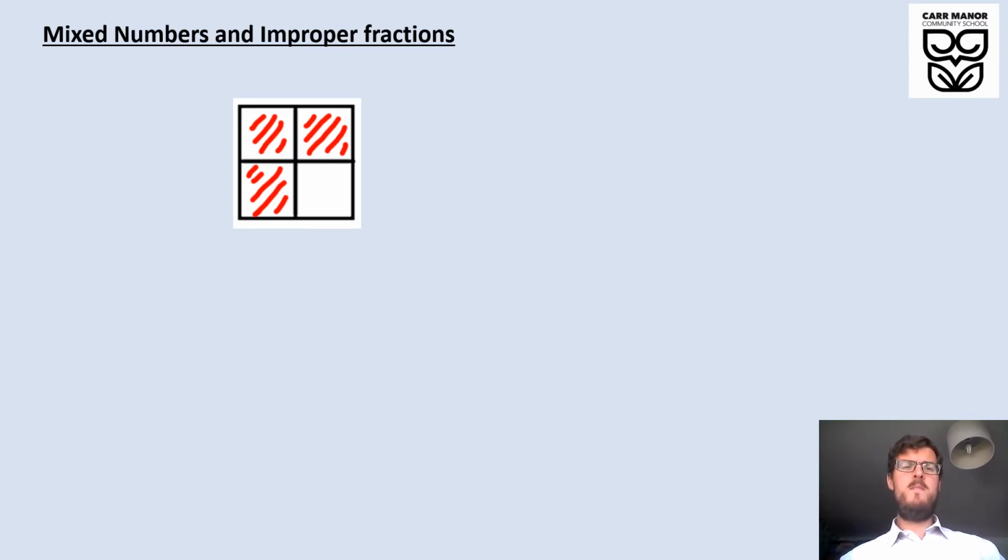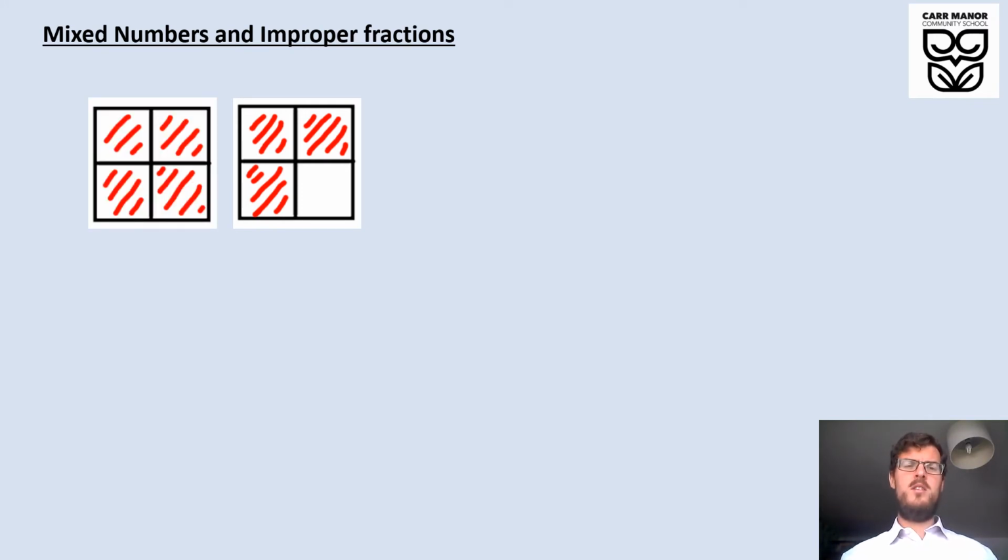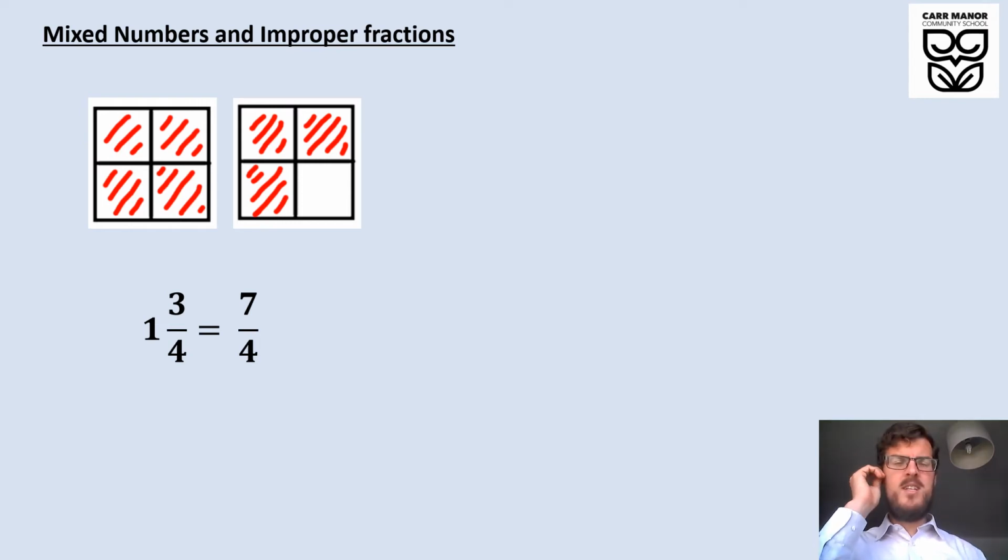A review of mixed numbers and improper fractions. So here we've got 1 whole one and 3/4. That in itself is a mixed number. Now if we counted only the red squares, we would have 1, 2, 3, 4, 5, 6, 7 red squares and 4 make a whole one. We wouldn't write 7 out of 8. We're not saying how many are there.